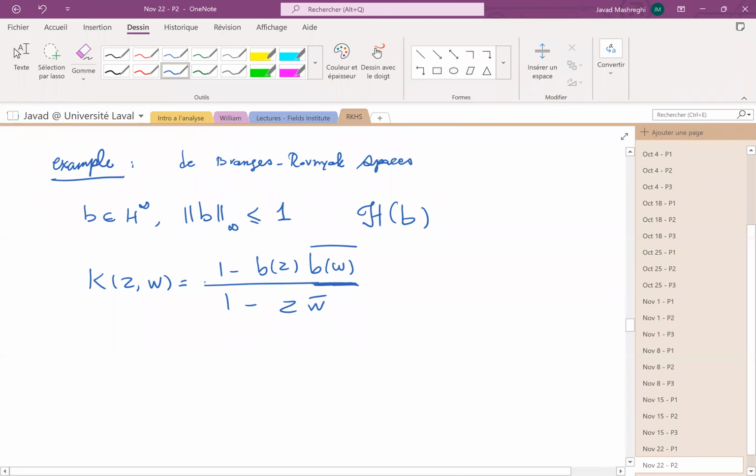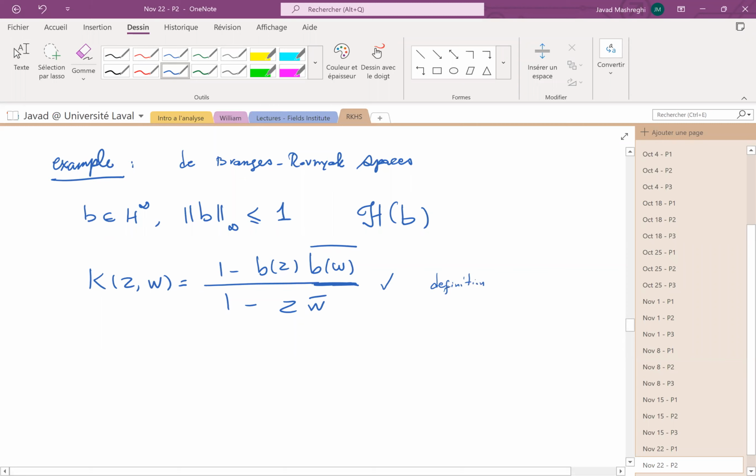Indeed, there are three different ways to define HB spaces, and there is a nice article of Joseph Ball on this. One method is to start with this kernel definition.